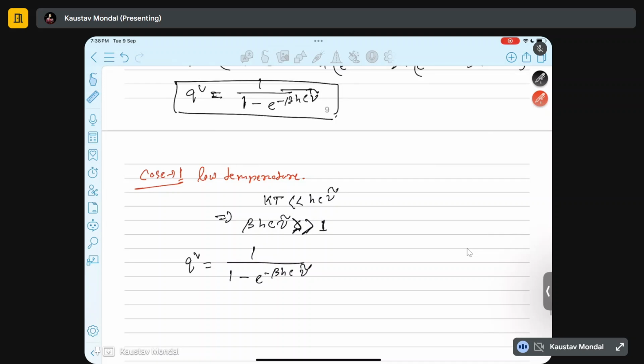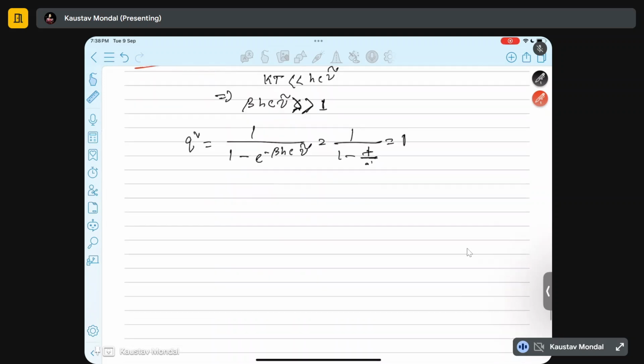Now if this thing is very high, then this will become 1 by 1 minus something very high. So this term will become 0, and 1 by 1 will be equal to 1.